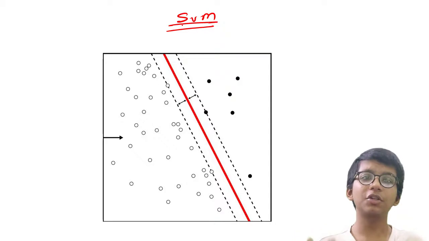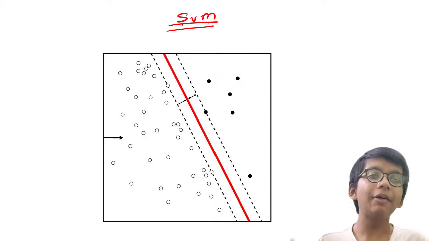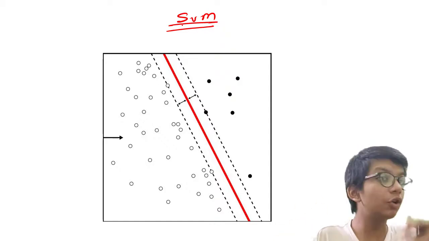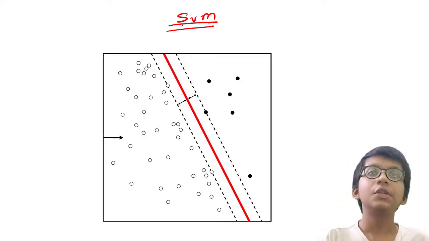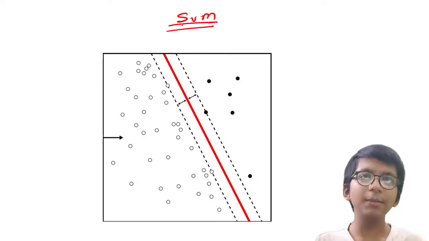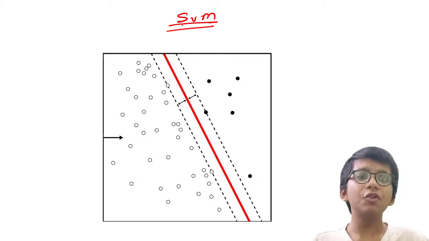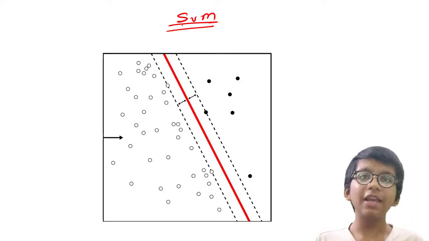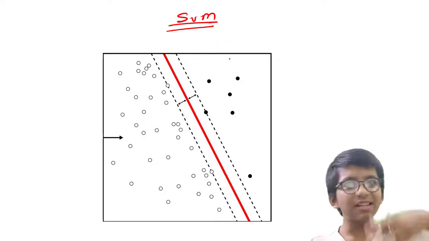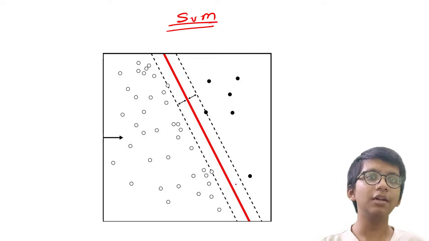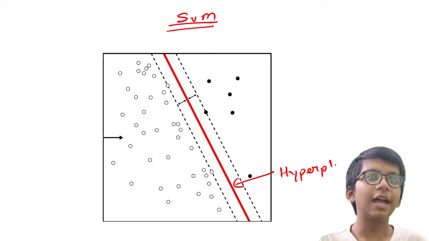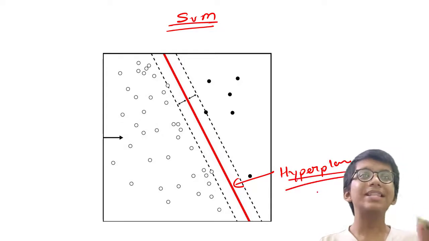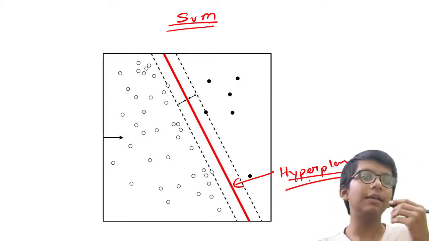You can read the research paper that introduced it, but it is a powerful algorithm for classification, for non-linear classification, and for regression tasks also. We will go through the theory in this video, but what does SVM actually do? Simply, it makes a hyperplane. This red line is called the hyperplane, which separates the examples.